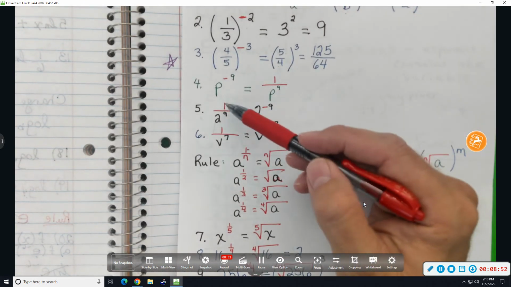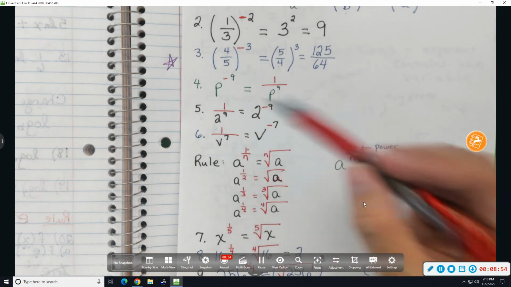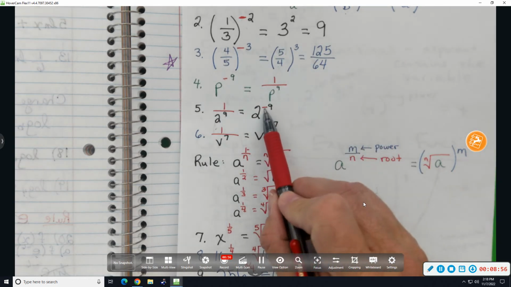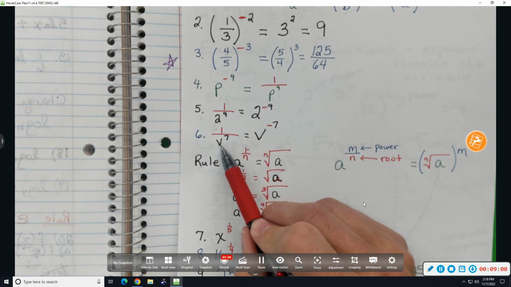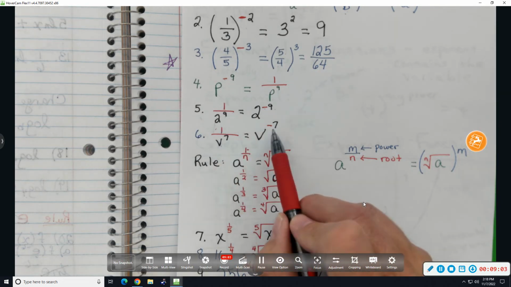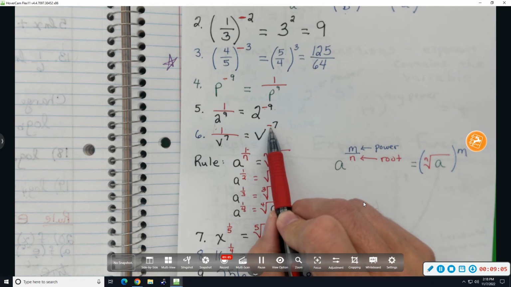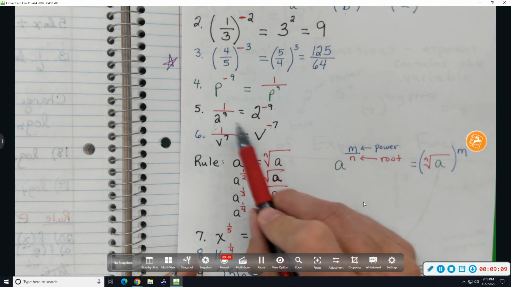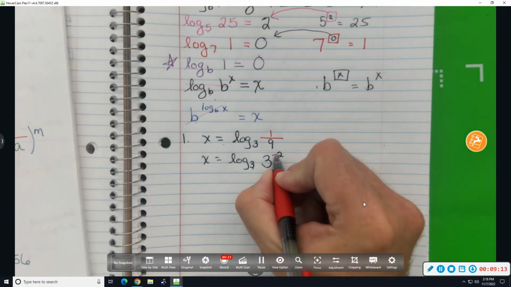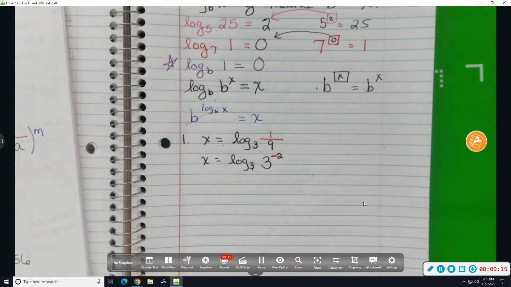If we had 1 over 2 to the 9th, you could write it as 2 to the negative 9th. 1 over v to the 7th, to write it without that 1 over v, you make the exponent negative. To get rid of the 1 over, make the exponent negative. So I'll rewrite the 1 over 9 as 3 to the negative 2.